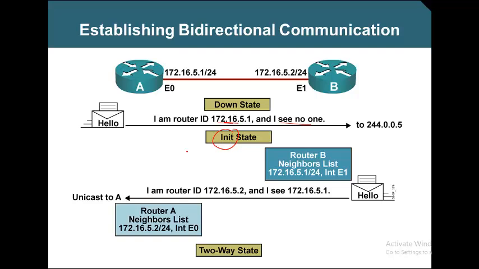And now what happens? B receives the hello packet. B learns that I got a neighbor called A. So B puts A's address, this is the address of it, and sends the hello packet to A saying, I am this and I know my neighbor so and so. See, after learning a neighbor, what does it do? Unicast.